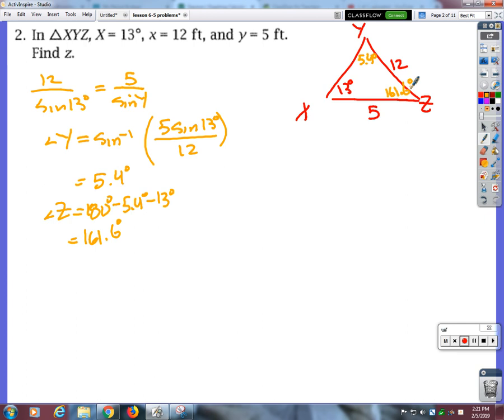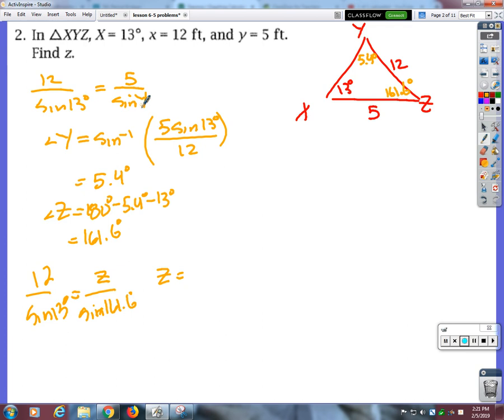And then to find side Z, I'm going to start the same thing. I'm going to go 12 over the sine of 13 degrees equals Z over the sine of 161.6, okay? Notice, Mylena, that this time when I cross multiply, I don't have to do the inverse sine because the sines both have numbers.